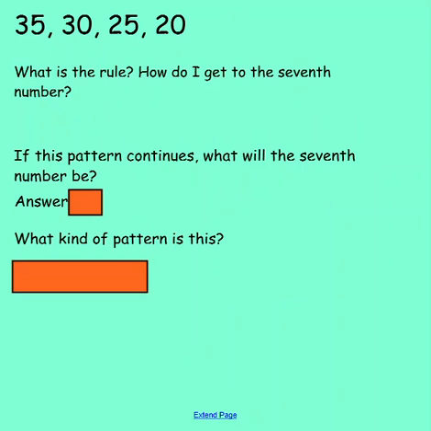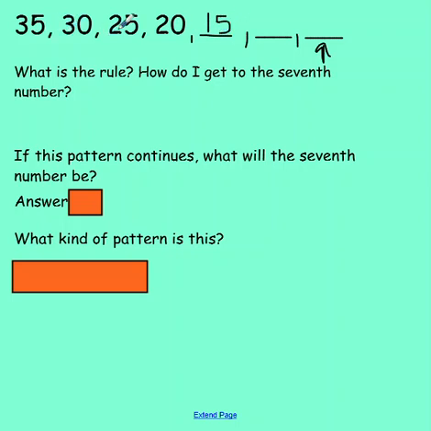Here's my pattern. 35, 30, 25, 20. And it asks me for the 7th space. 1, 2, 3, 4, 5, 6, 7. So this is the space I want right here. 35, 30, 25, 20. I said it wrong. I'm taking 5 away each time.